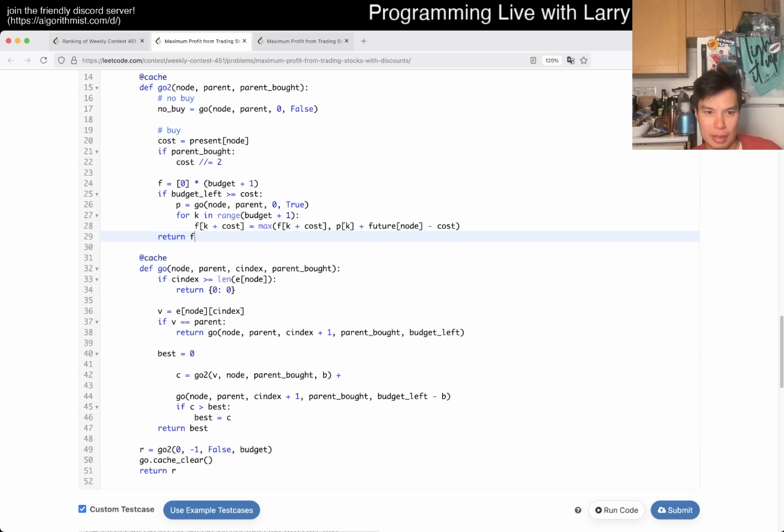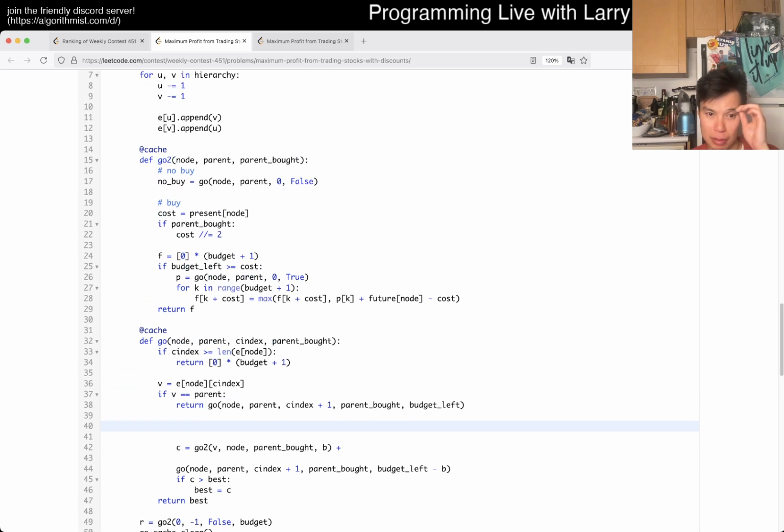Okay. And now this is just going to be, say, 0 times budget plus 1. We don't do best anymore. And now what would that look like?